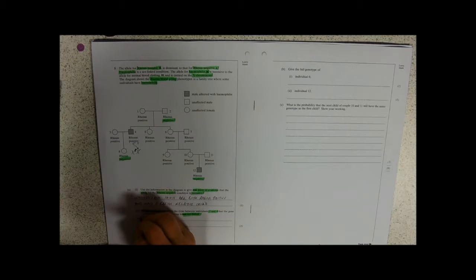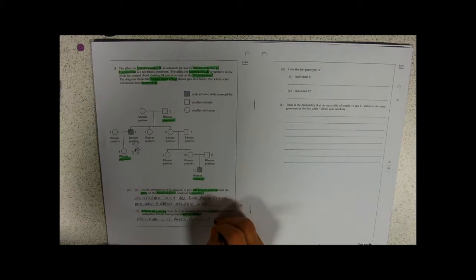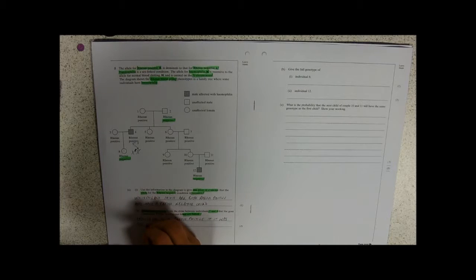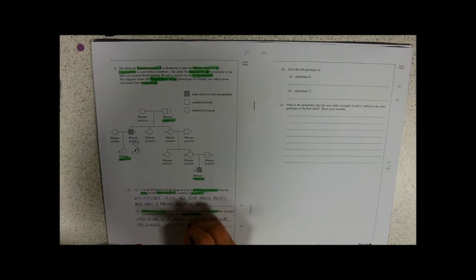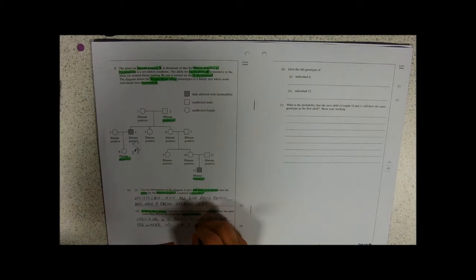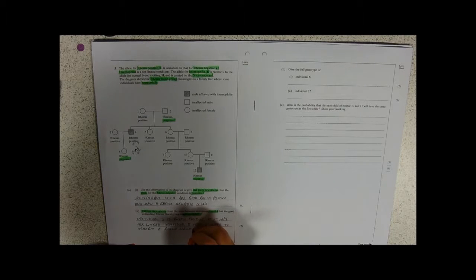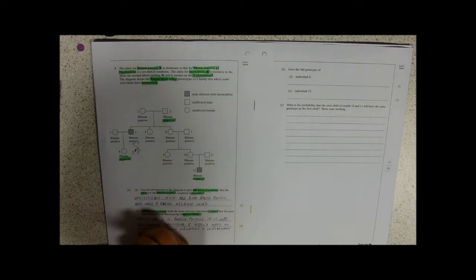So individual 4 is Rhesus positive. If it was sex-linked, individual 8 would have to inherit a Rhesus negative X chromosome from her father.